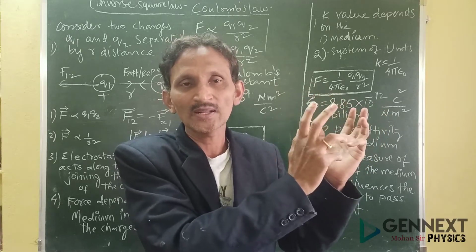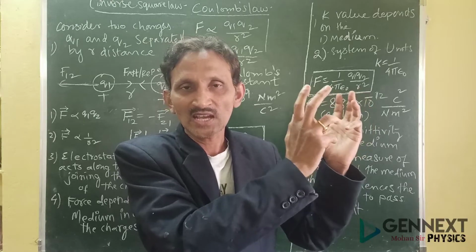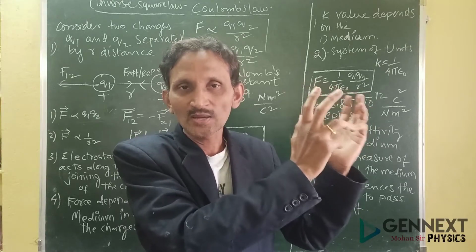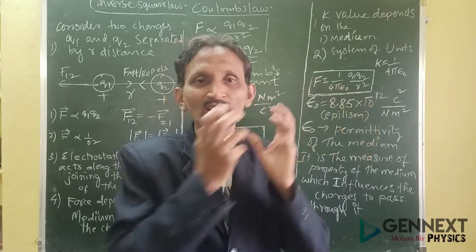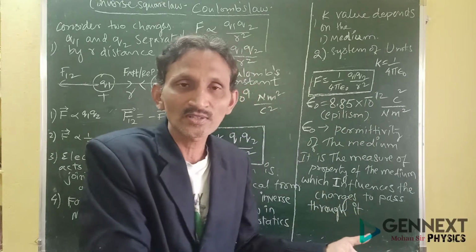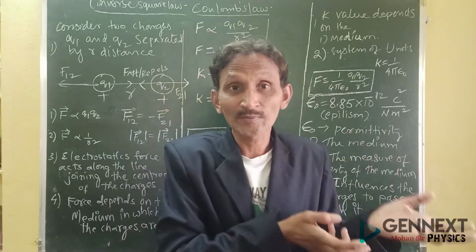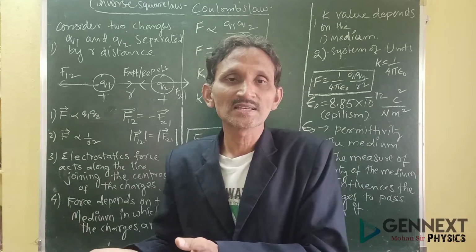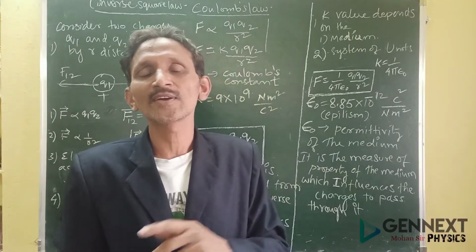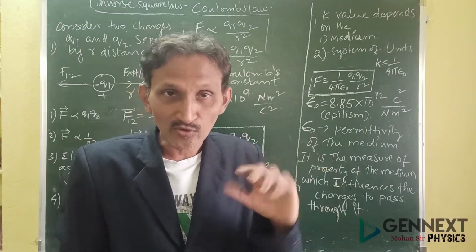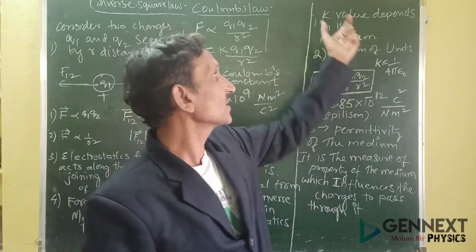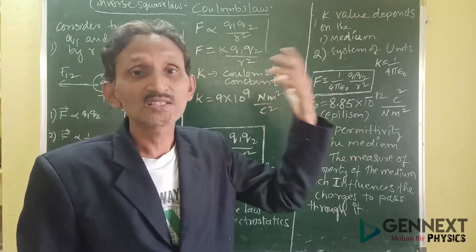If you take the same charges into water, kerosene, oil, or other media like mica or glass, the values will not remain the same. Electrostatic force will be affected. So K depends upon the medium in which the charges are placed.